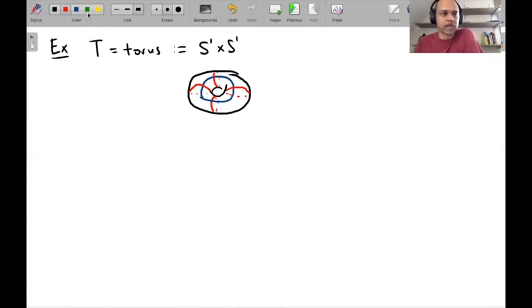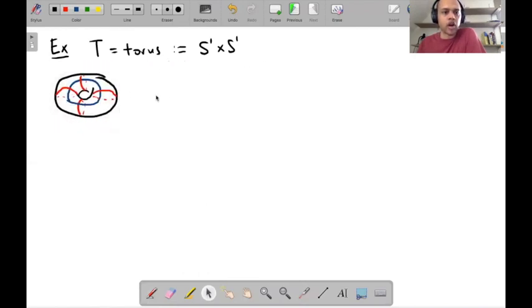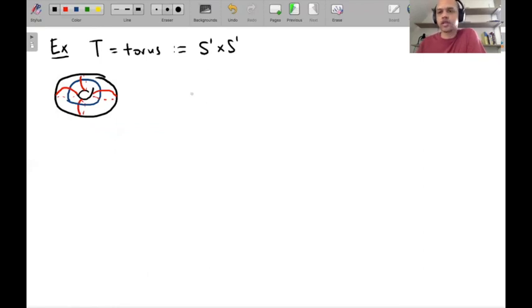So actually, I want to think about this space a little bit differently. Often in topology, it's useful to have a bunch of different descriptions for the same space. That's useful for manipulating spaces and making arguments.